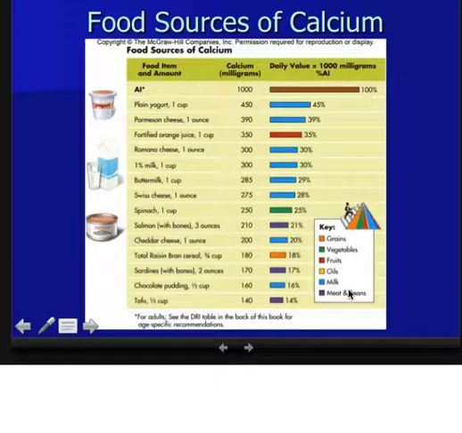And we get a significant amount in meat as well. Okay, you can see meat here and here. There's some in fruit. And so, again, not a surprise. If you have your dairy and your meat, you're going to meet your calcium needs relatively easily.